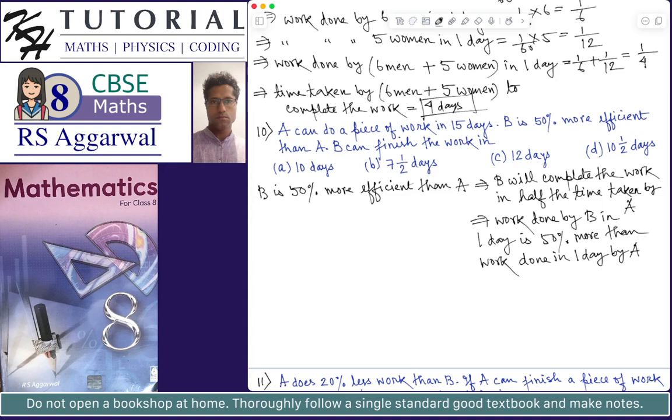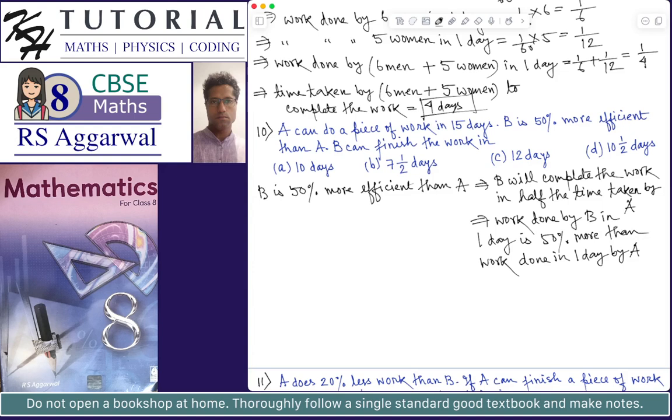You can consider that this means that B will complete the work in half the time taken by A, or you can consider that the work done by B in one day is 50% more than work done in one day by A. Now let's say the question is asking B can finish the work in.